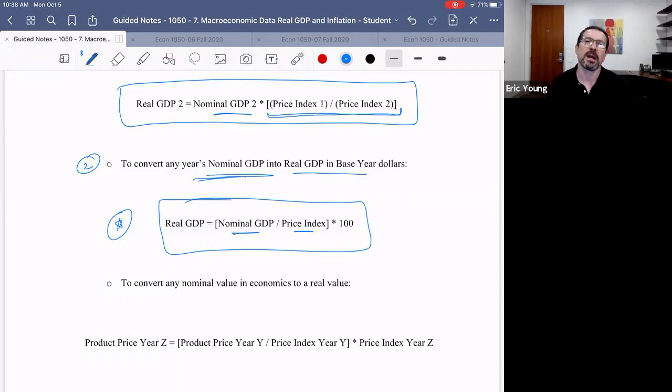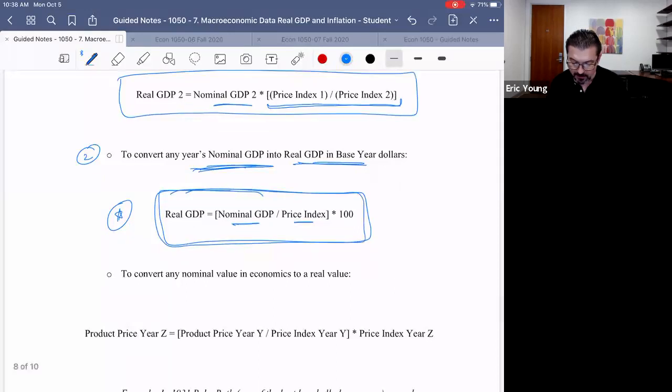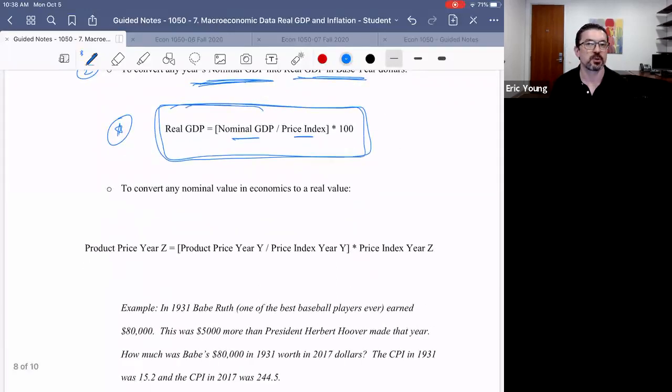Well, it's trying to equate a nominal value to a real one. How's it doing that? It's stripping away the inflation by, for example, dividing by a price index, okay? So again, number 2, to convert any year's nominal into real, critical formula: real GDP is equal to nominal divided by the price level times 100.